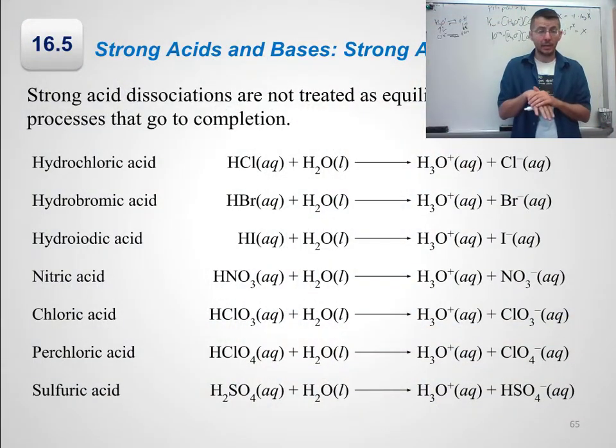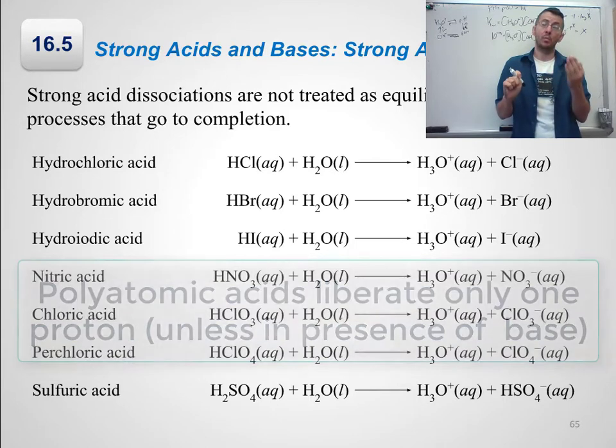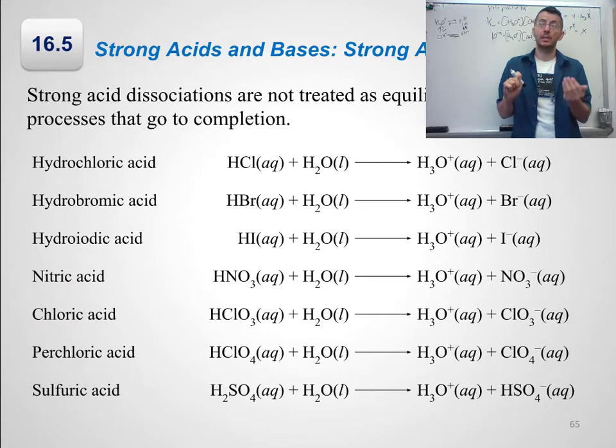Most of the common halo acids and the common polyatomic acids like sulfuric and phosphoric are fairly common. The only thing to remember is that polyatomic ions will liberate only 1 proton. So a 1 molar H2SO4 solution is approximately 1 molar in protons.